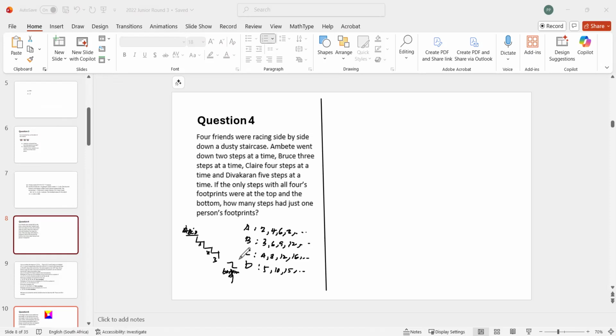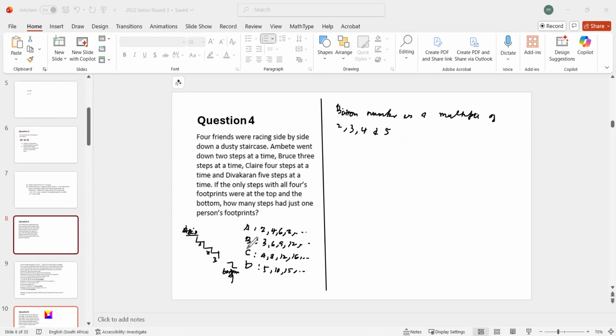Okay. Now let's see the bottom. Where will the four footprints be? The bottom number is going to be a multiple of 2, 3, 4, and 5.